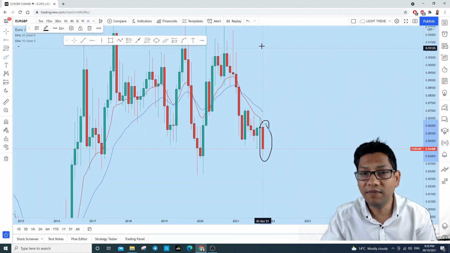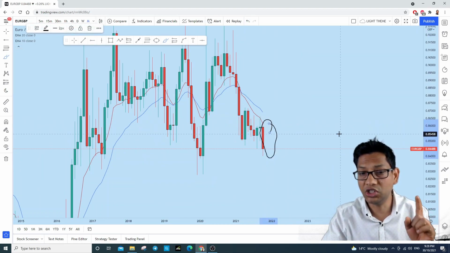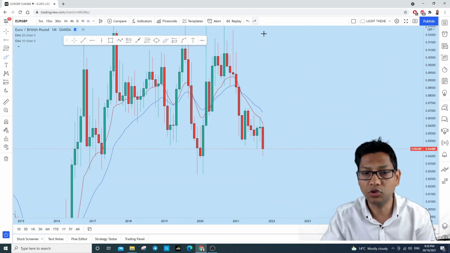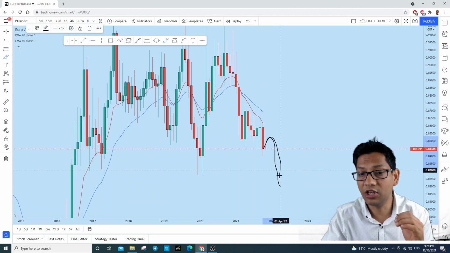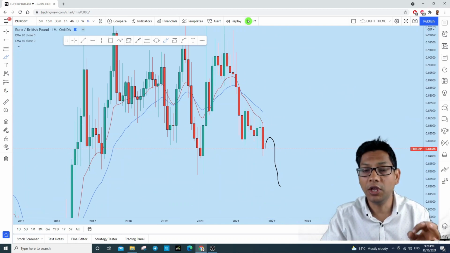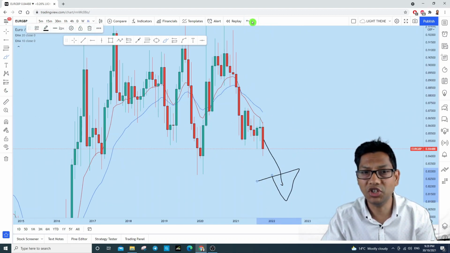So what we have seen is that Euro GBP had printed this strong bearish candle. After this kind of candle, you can expect the price to drop further after a little bit of retracement. So Euro GBP on the monthly, we see a strong bearish momentum.